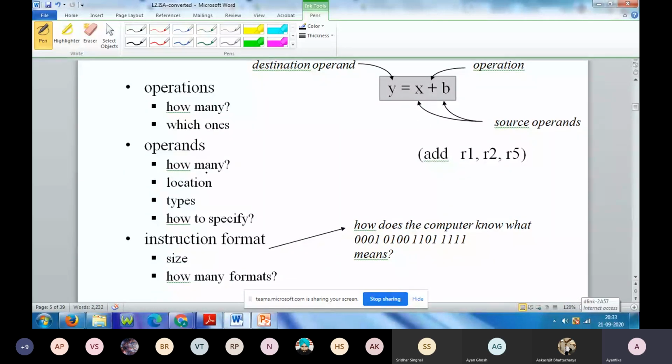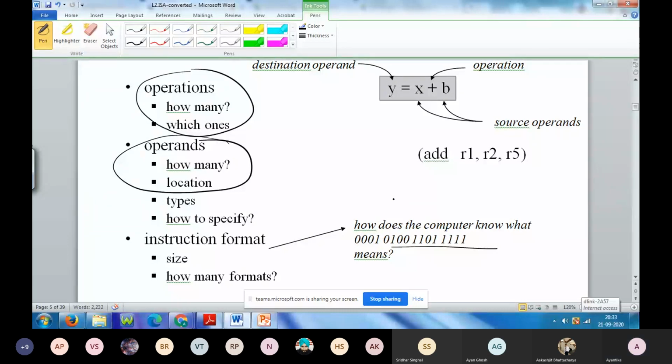These are the few questions: what operations and how many operations we are doing, on which operands, and finally, for the results, how I will store this instruction and what may be the formats of storing those instructions.